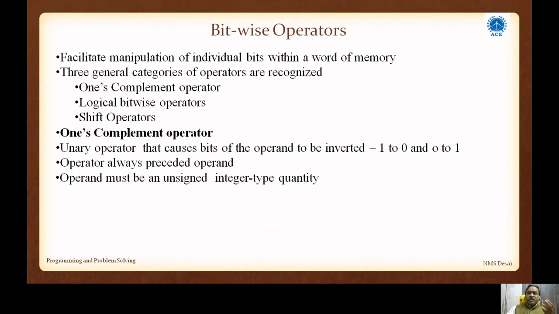Mostly what is done is, programmers, since they operate at the lowest level, they don't want the roundabout way of declaring in decimal and being converted into octal or hexadecimal or binary. They directly handle at the octal or hexadecimal level.